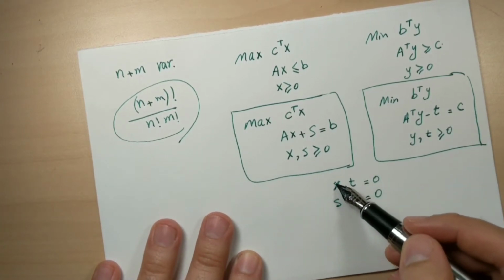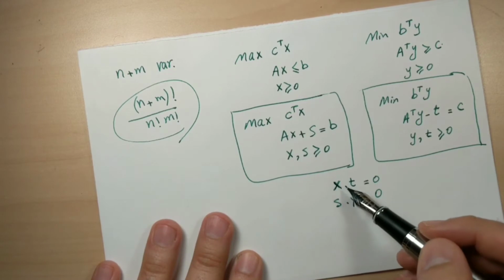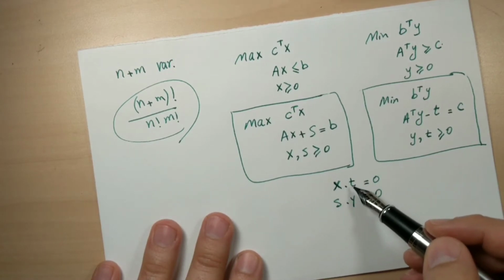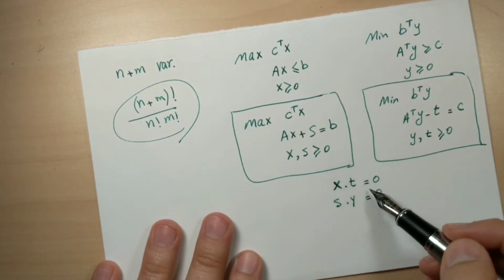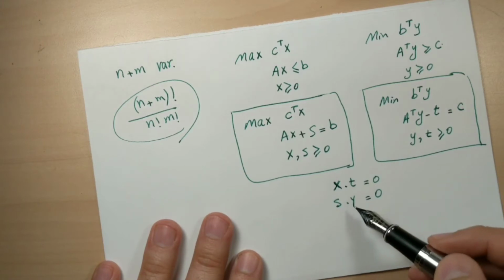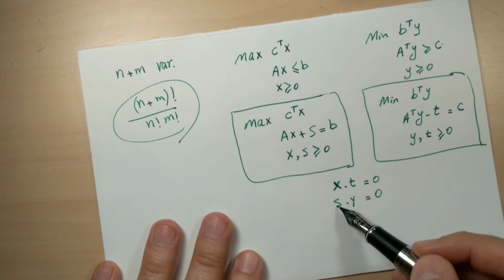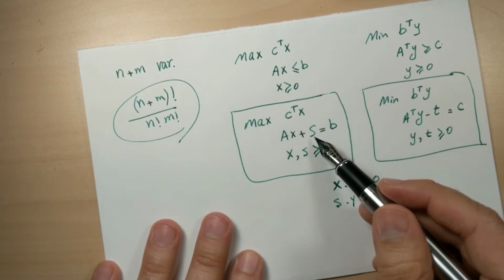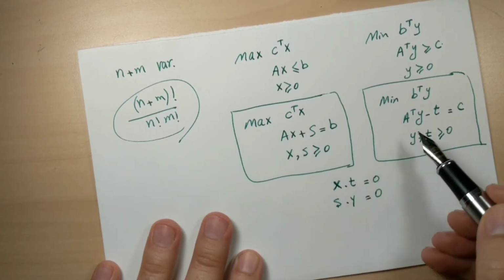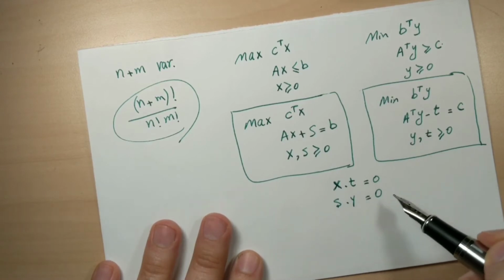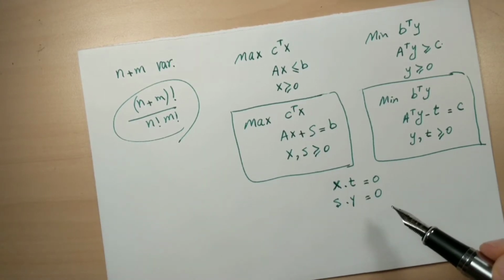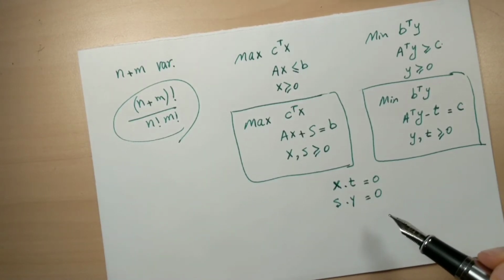So the value of x multiplied by the value of t corresponding to that variable is equal to 0. For any constraint here, we have a variable here. So the value of s for constraint 1, for example, multiplied by y1 equals 0. This is the complementary slackness relationship.